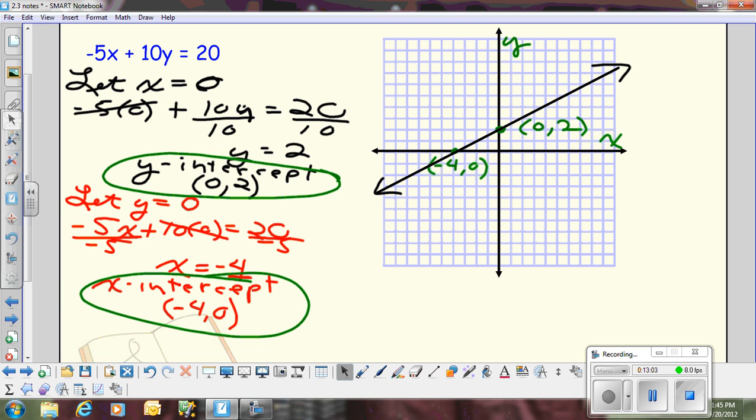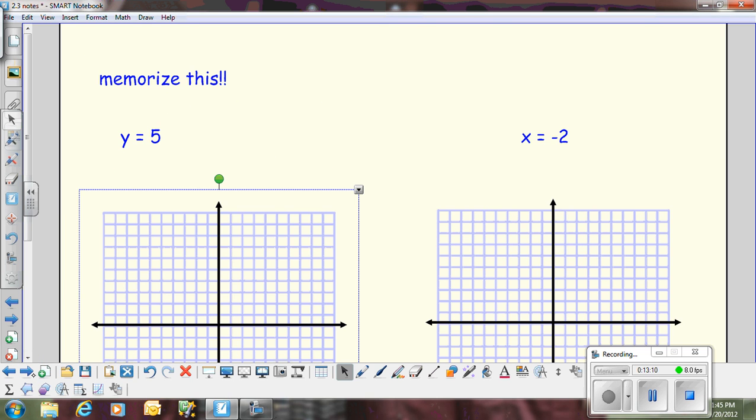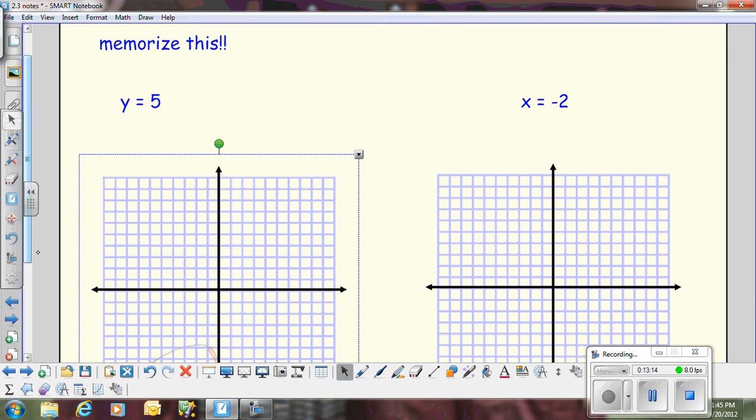One more thing I want to talk about, and that's a special case. Memorize these. The first one, y equals 5. If it's a line, what is the y-intercept? It's a horizontal line, you're right.